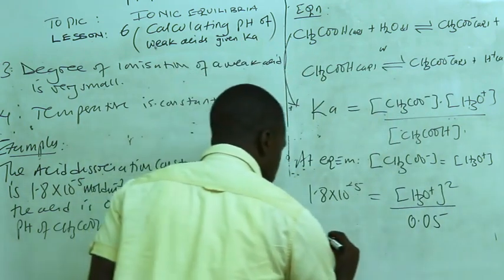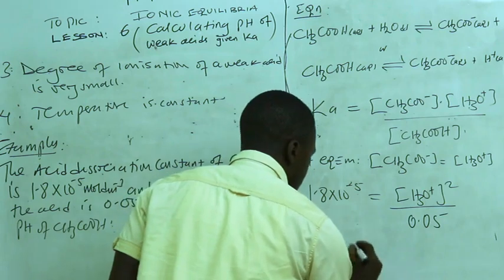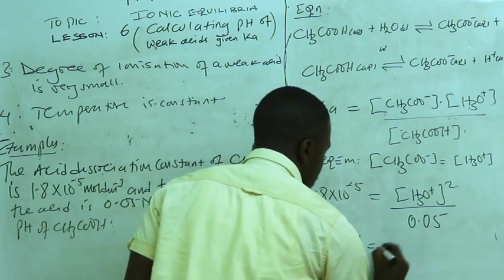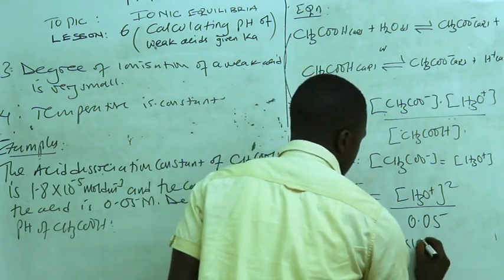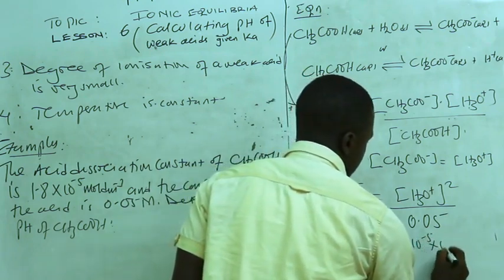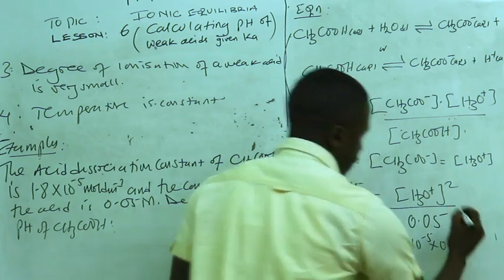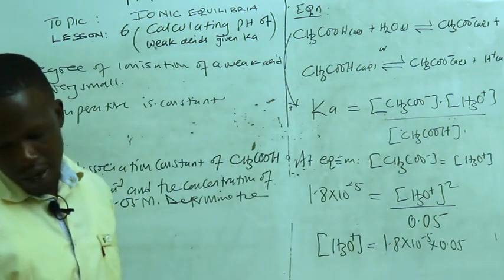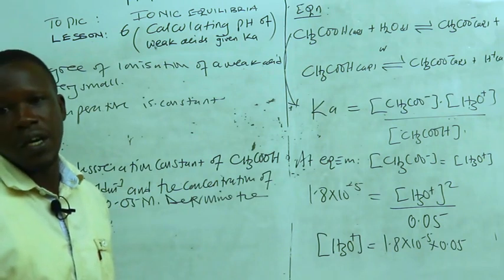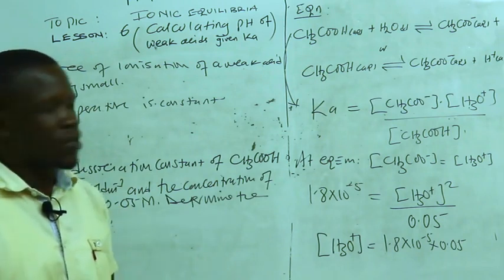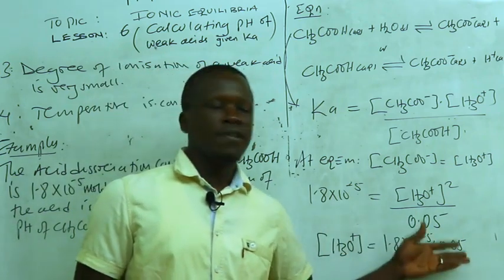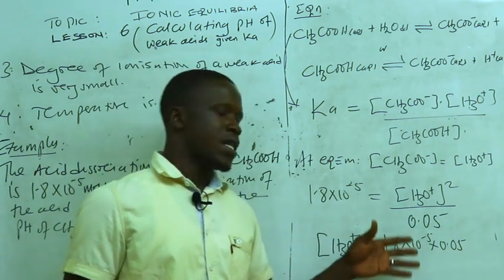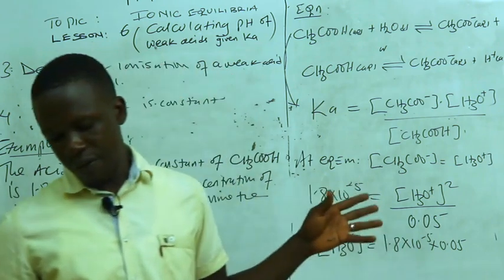So the concentration of hydroxonium ions would now be equal to the square root of 1.8 times 10 power negative 5 times 0.05. On the calculator that we are using, use the brackets well: 0.05 times 1.8 times 10 power negative 5.